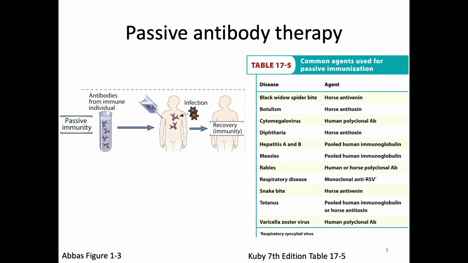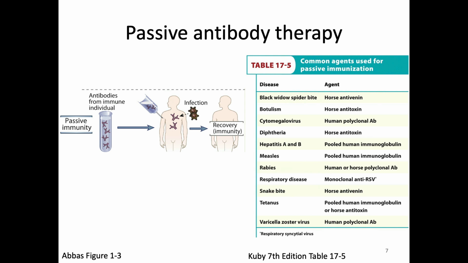And so you don't have time to wait around for clonal expansion of the B cell and the T cell to give help to the B cell, the germinal center reaction. You don't have time for that. You need antibodies now. And so we're going to inject antibodies into you. In fact, if you were to have a black widow spider bite, you would be given antibodies against that venom to neutralize that venom right away.